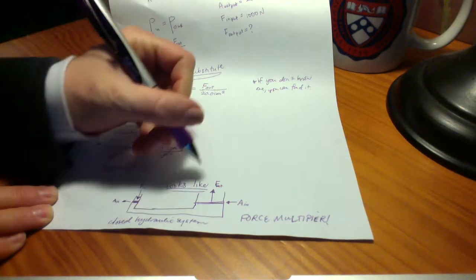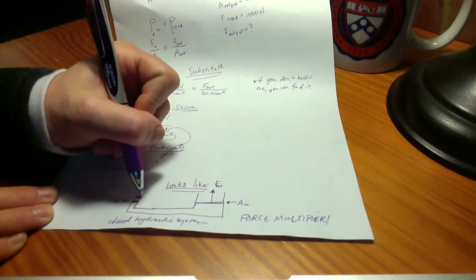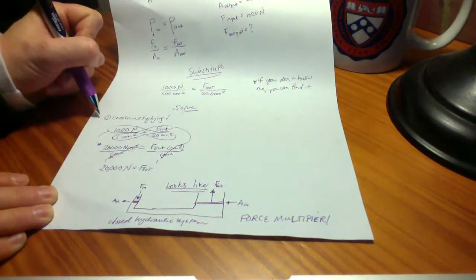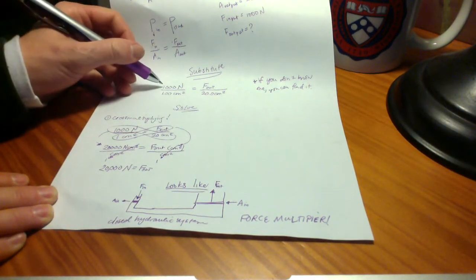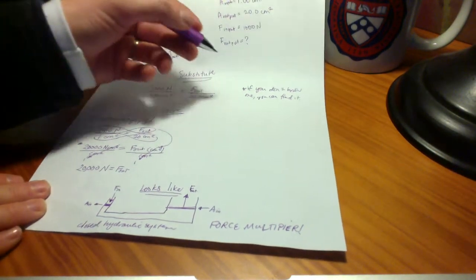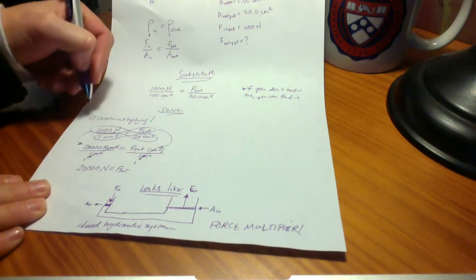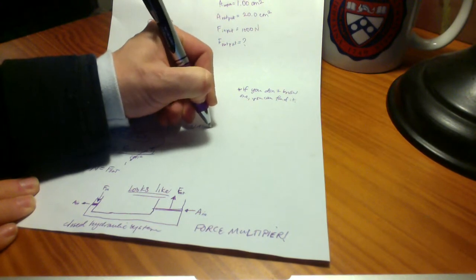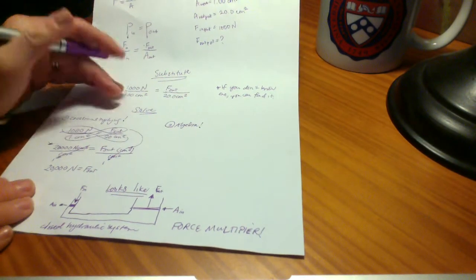I want to come back up here, and again, this is considering the pressure over here and how it's equal to over here. I can do this another way. I can come back up here, and what I can do is solve algebraically. So number one, here's my second method. I can use algebra.